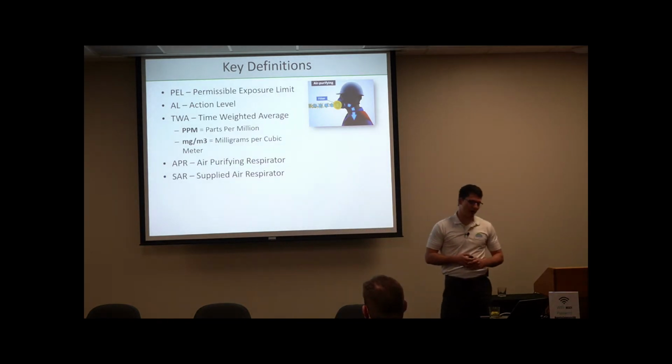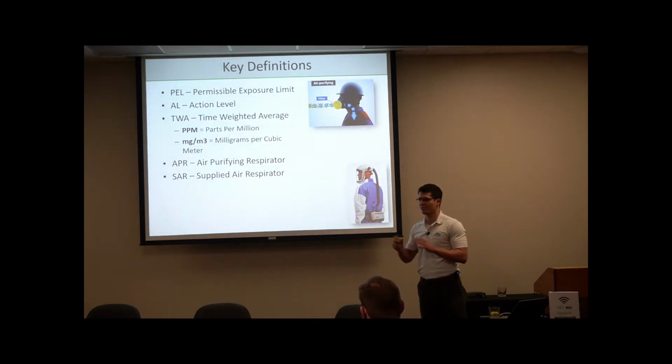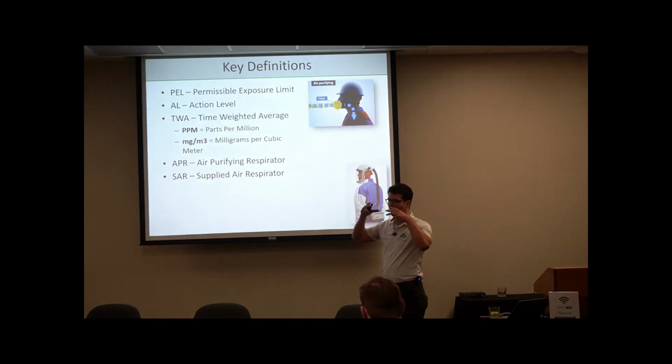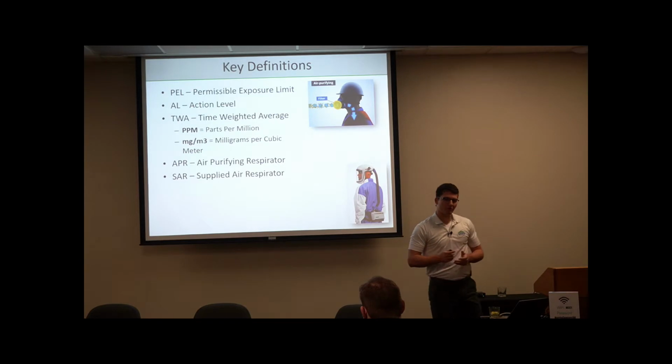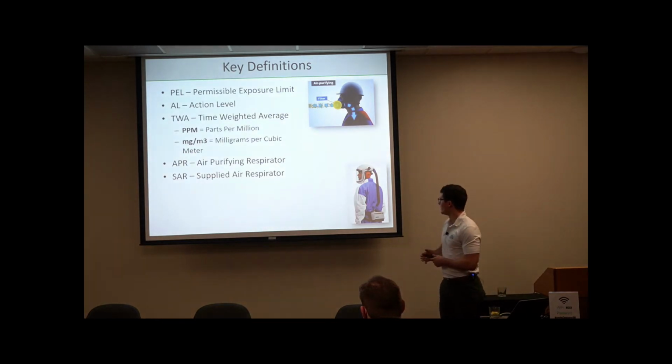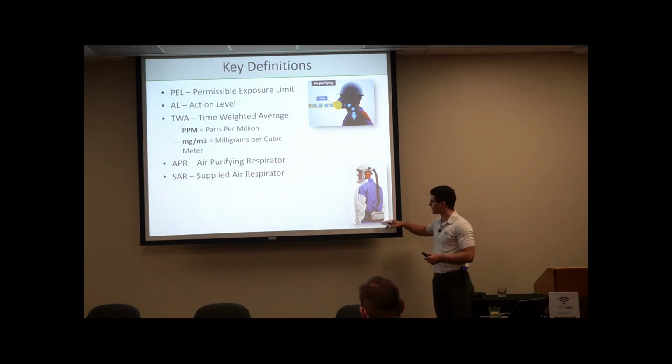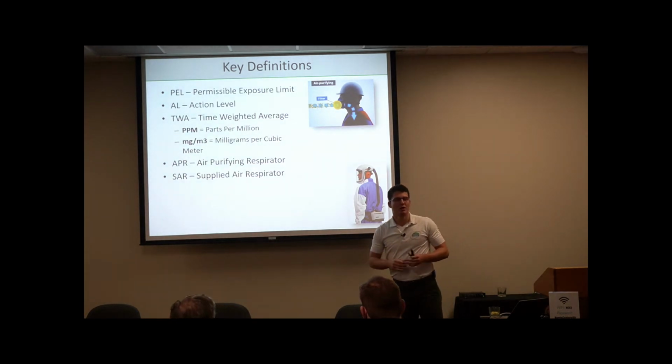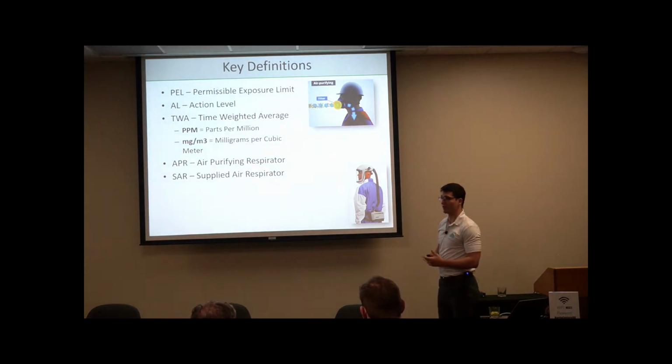A SAR, or supplied air respirator, is something that provides positive pressure air to your breathing air zone, right? That could be in the form of a PAPR, or powered air purifying respirator, which is this one right here, which means it's actually pulling ambient air into this HEPA filter and pushing positive pressure air, or pressure that's going outwards, into the operator's breathing zone, right?